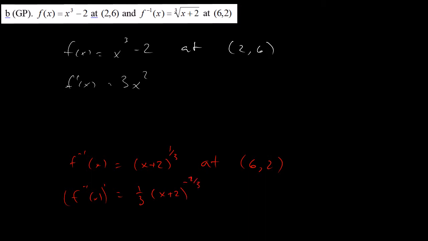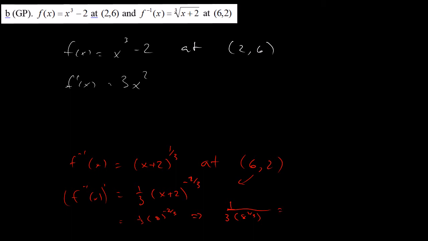And now we're just going to simply plug in our 6 here, and this is going to be 1/3, 8 to the negative 2/3. And I know this looks like 1/3 times 8 to the 2/3. Oh man, 8 squared, cube rooted.